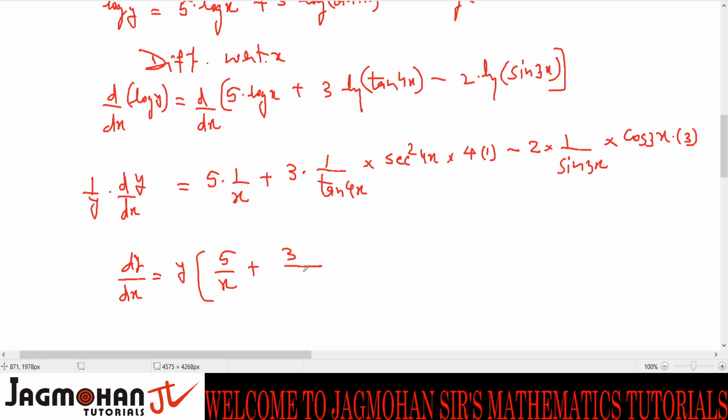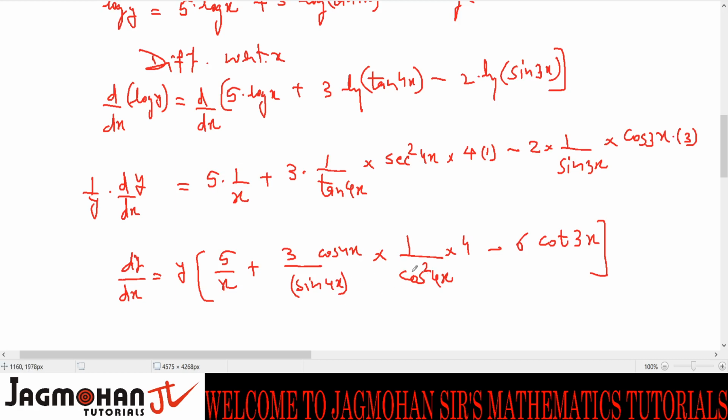Tan 4x is sine upon cos, but then that cos will go up, and here you have 1 upon sec square 4x, which is cos square 4x, 1 upon cos square 4x into 4, minus 6 times cot 3x. How cot 3x? Cos 3x upon sine 3x is cot 3x, and 3 multiplied by 2 is 6.